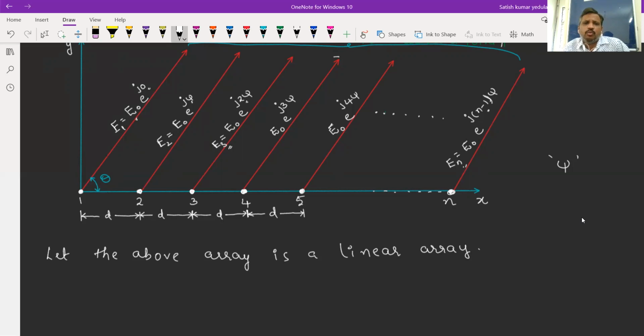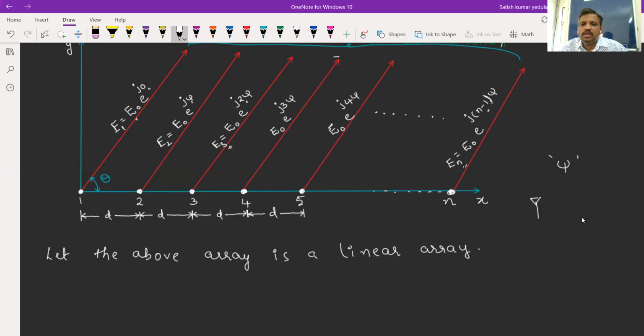First of all, why do we go for n-element array? What is the problem with two-element array? The reason for going for n-element array is that in point-to-point communication, the transmission of the signal must be from one antenna to another antenna, because this antenna will be transmitting and there is another antenna which is kept at some distance.